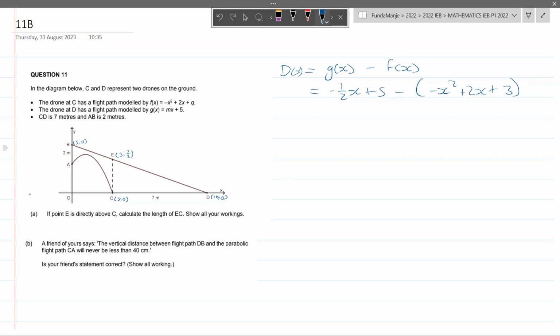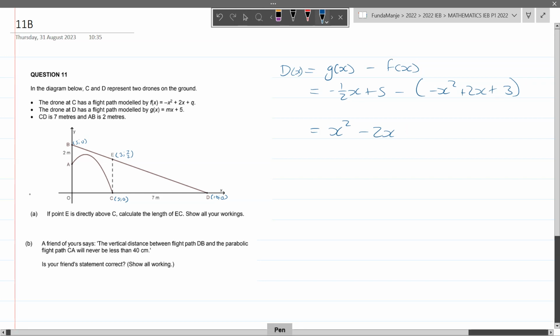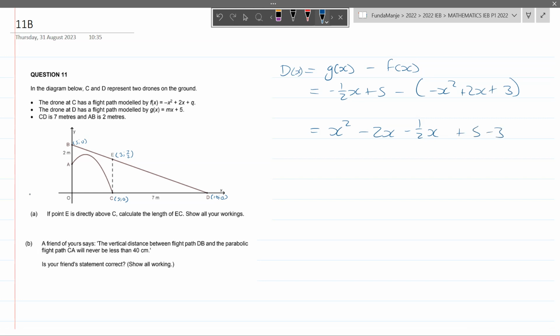Then we can combine some things. We're going to come out with a positive x squared and a minus 2x minus a half x, and then plus 5 minus 3.